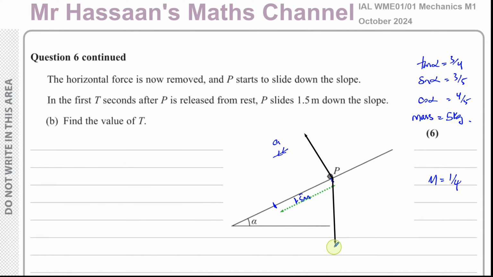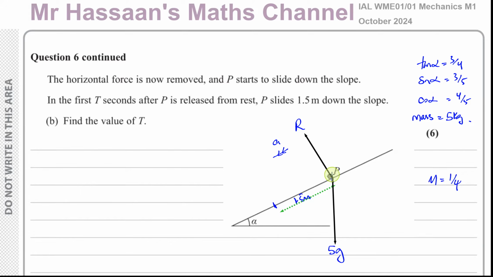His mass was 5, so this is 5g newtons. This is the reaction force. And the reaction force won't be the same as before because there's no horizontal force now affecting it.